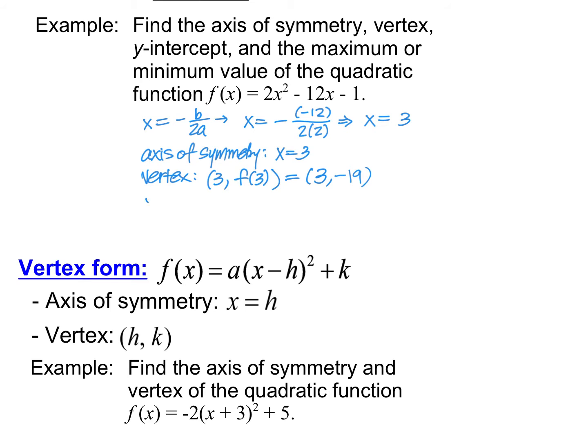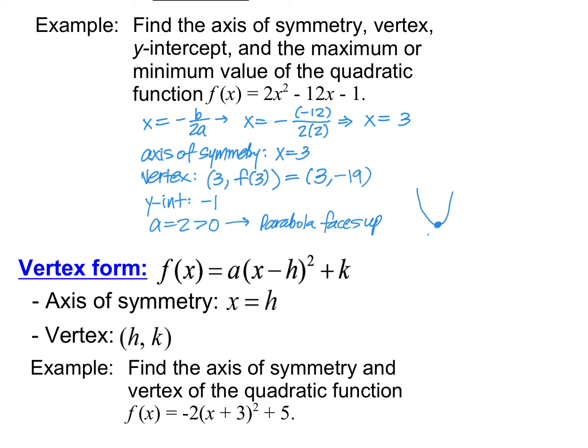All right, to get the y-intercept, you have to just look for the c value, which is right over here. Okay, here's the c value. All right, now the a is 2, which means that it is positive. So the parabola faces up. So it looks like this.